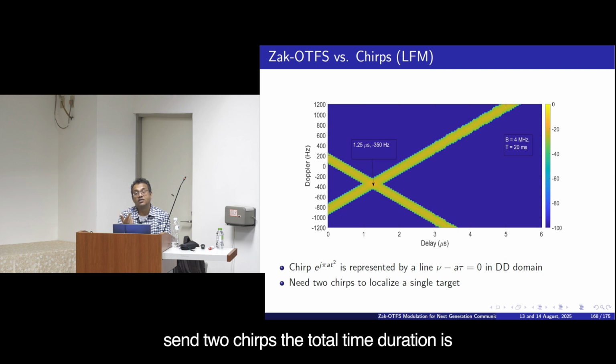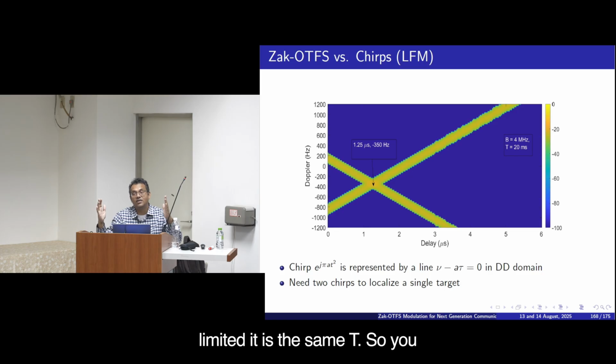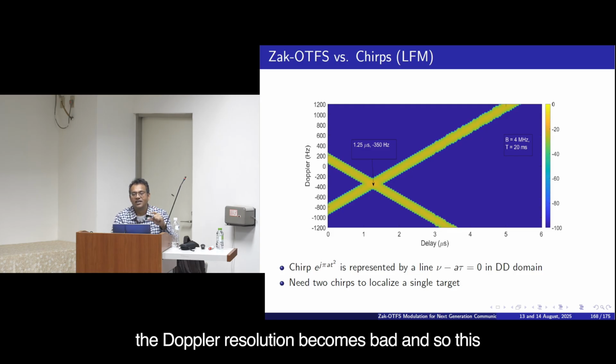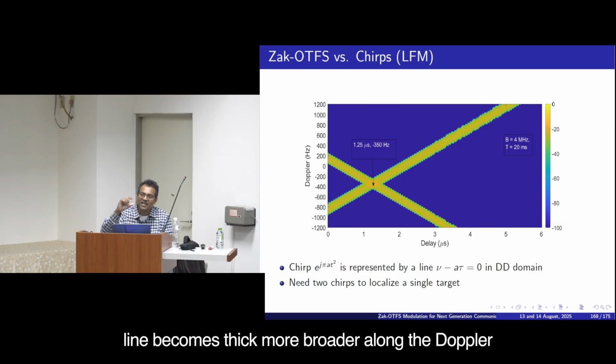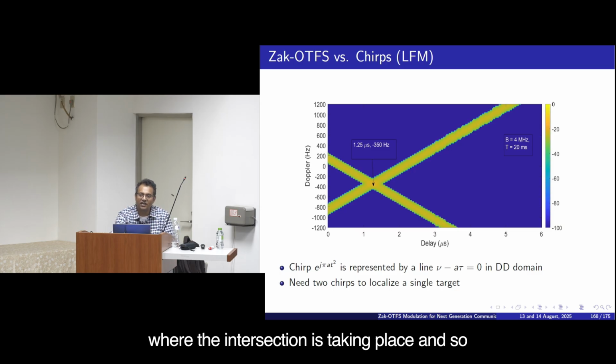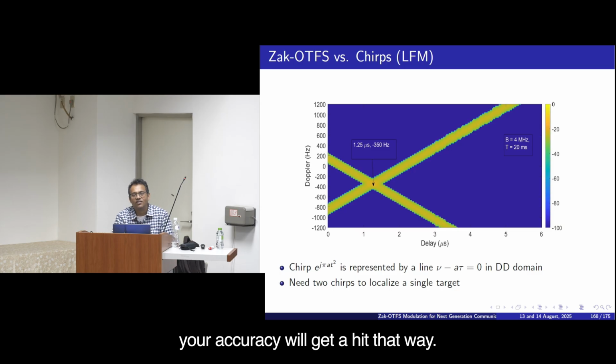But now you had to send two chirps. The total time duration is limited, it's the same capital T. So you give T by 2 to the first chirp, T by 2 to the second chirp. The problem with that is when you reduce the time, the Doppler resolution becomes bad. And so this line becomes thicker, broader along the Doppler, and therefore the region where the intersection is taking place becomes wider, and so your accuracy will take a hit.